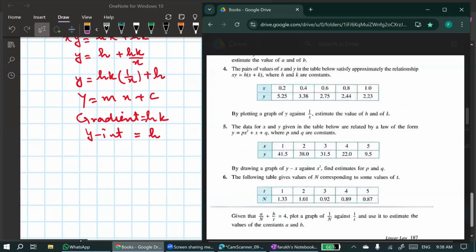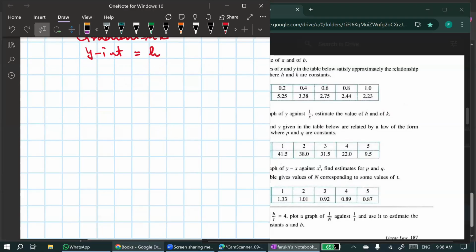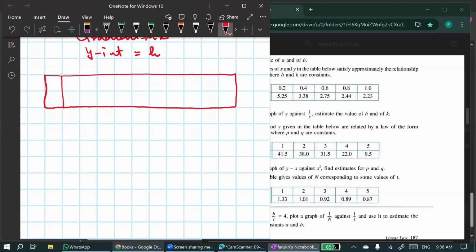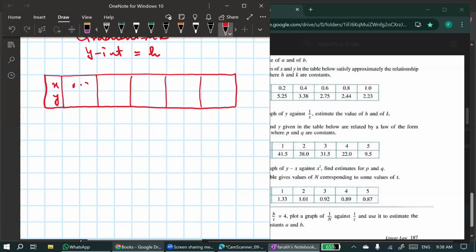Now we have the values of x and y. The values of x are 0.2, 0.4, 0.6, 0.8, and 1.0.